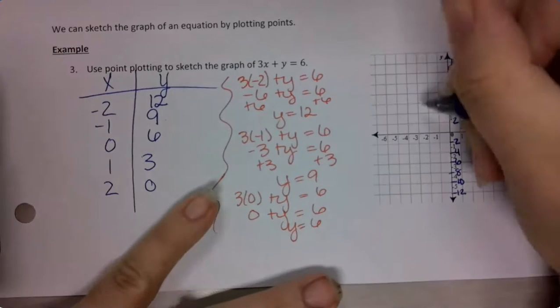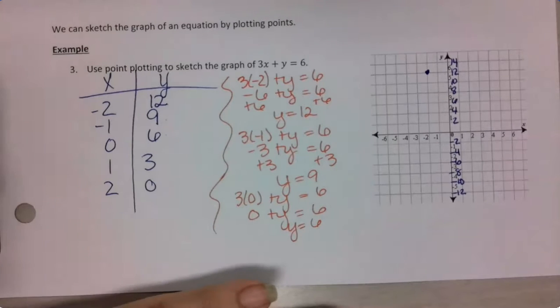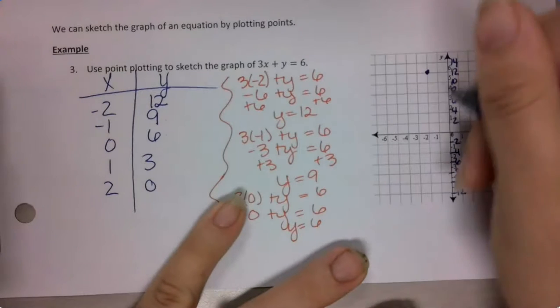So I have -2, positive 12. Then I have -1, positive 9.